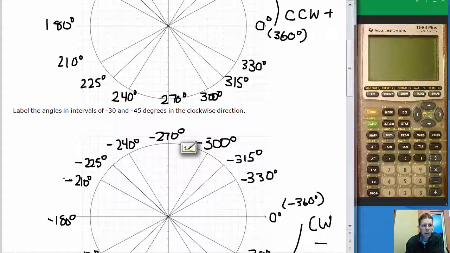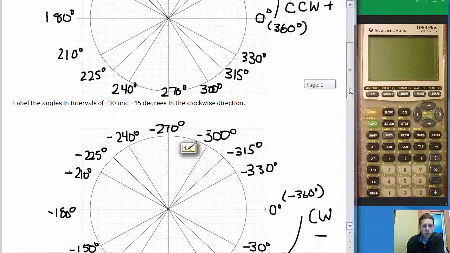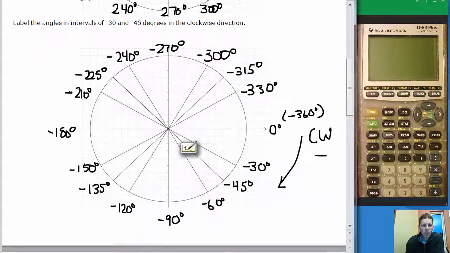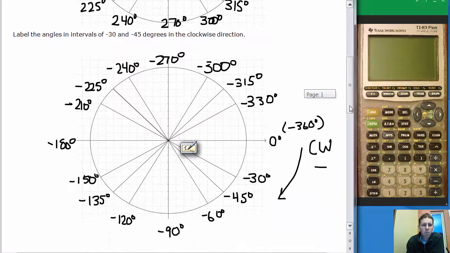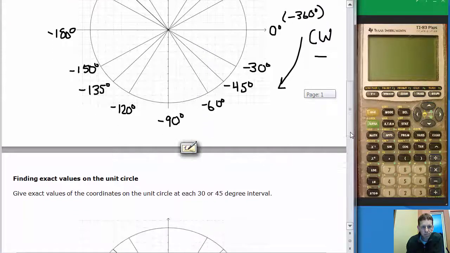So negative 180 and positive 180 are coterminal angles as well. Then we have negative 210 degrees, negative 225, negative 240, negative 270, negative 300, negative 315, negative 330, and we're back at negative 360. So again, both positive 360 and negative 360 are located at the same location, making them coterminal angles.